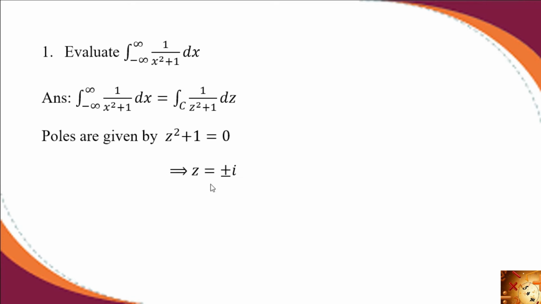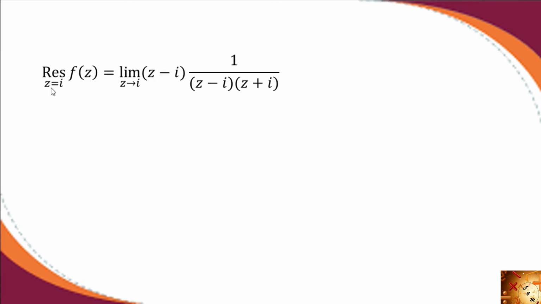Next, which point lies in the upper half plane including the real axis? Here z equal to i lies on the upper half plane. So we want to find the residue at z equal to i. This is a simple pole. So limit z tending to i, z minus i into f of z, that is 1 divided by z minus i into z plus i.